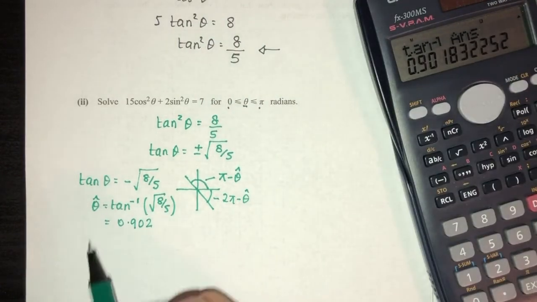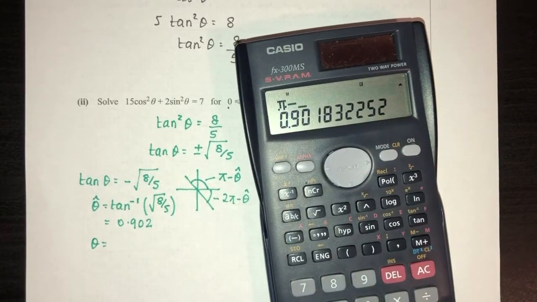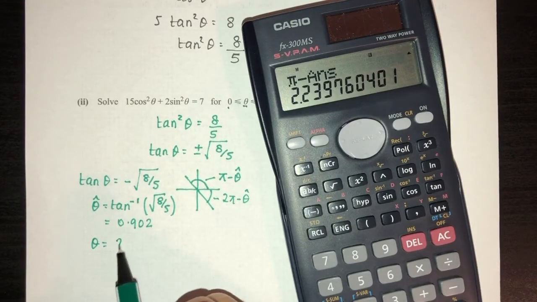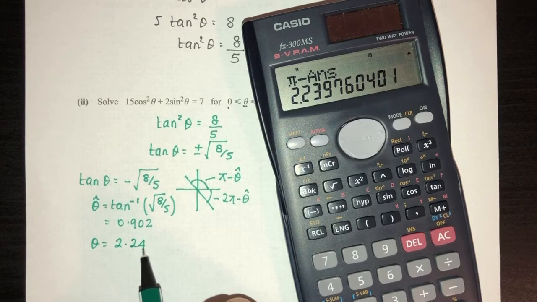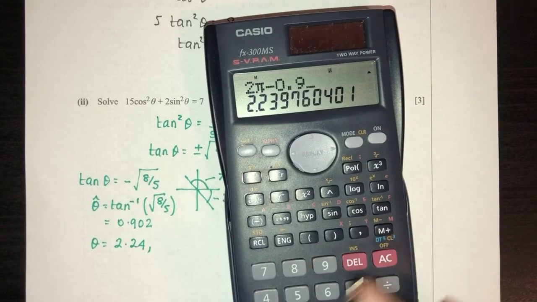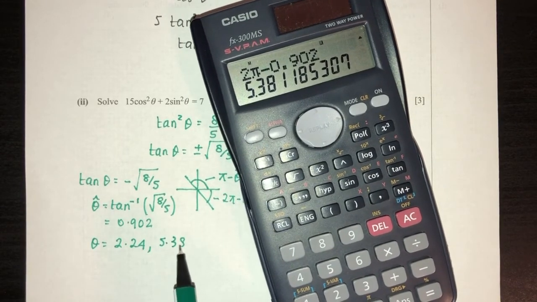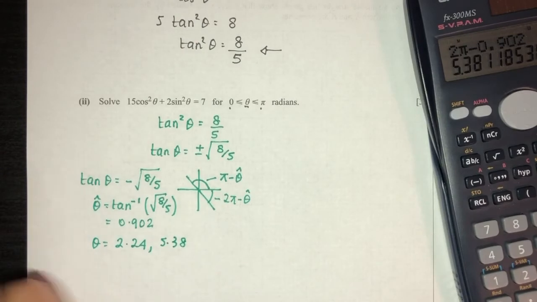So we have to find this theta. That will be equal to, first one is pi minus answer. That should be 2.24, or it can be 2 pi minus 0.902, 5.38. So two options for now.